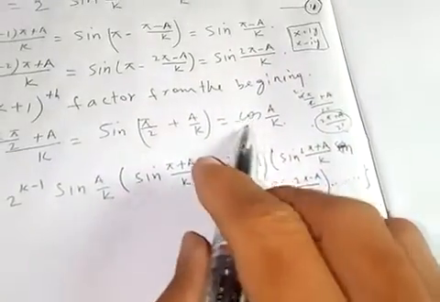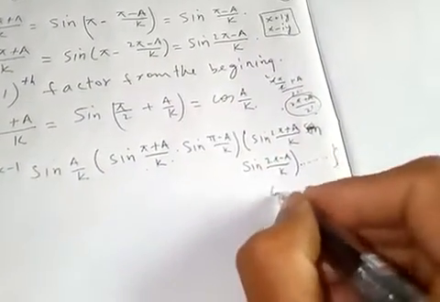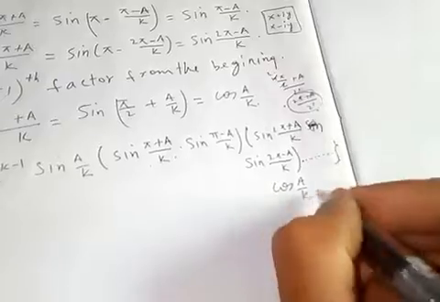And the last will be this one, half k plus 1 factor cos A over k.